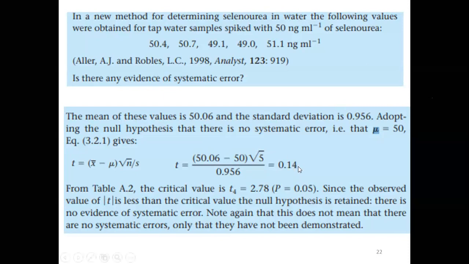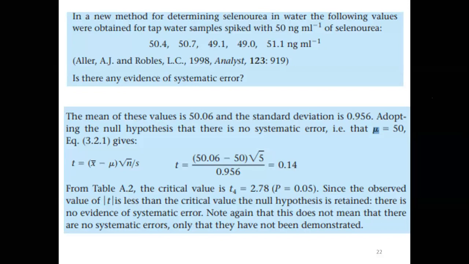Then from the t-test table, which will be given in your exam, you have to determine the critical value for this particular question. How to find the critical value? Here also, we have to find the degrees of freedom.